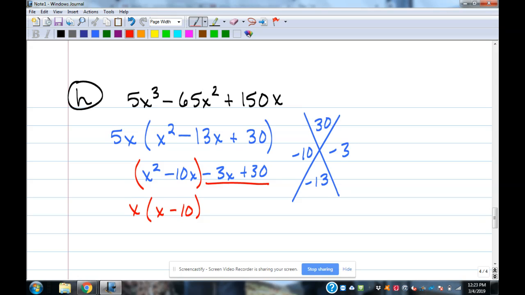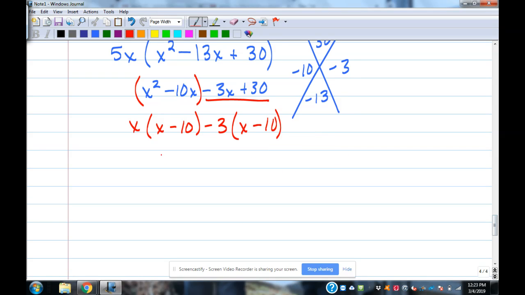Negative 3. Remember, this sign right here goes with it. So it's a minus 3. 3 and 30 have 3 in common. So a minus 3. And that would leave us x minus 10 in parentheses, because negative 3 times x is negative 3x. Negative 3 times negative 10 gets me the positive 30 that was there. Okay? So the factors for that part.